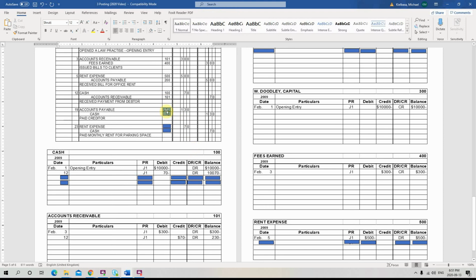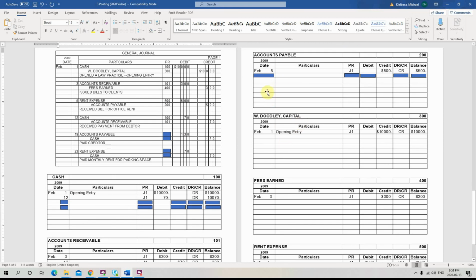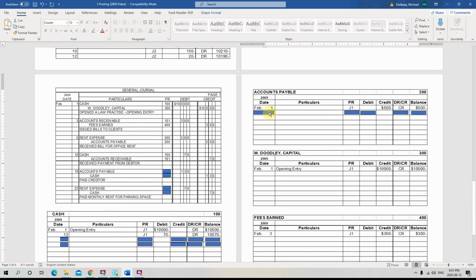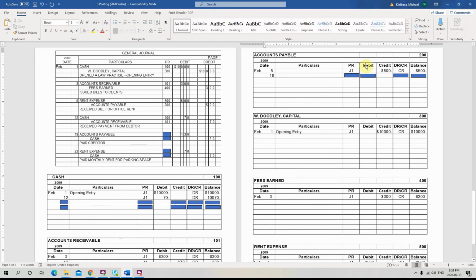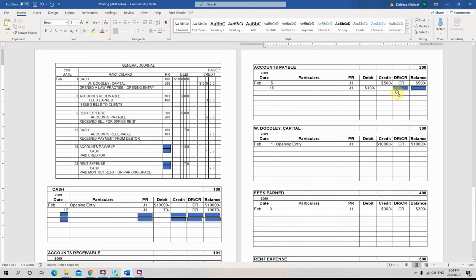Again, accounts payable, debit for 130 on the 19th. So we're starting off with a credit balance of 500, and then I debit for 130. My balance is going to be 370, and it's going to be a credit balance.